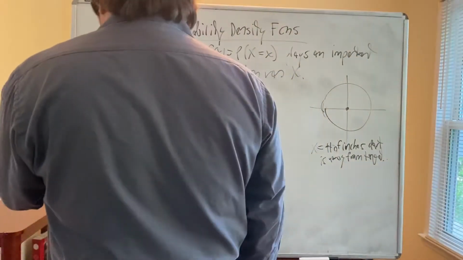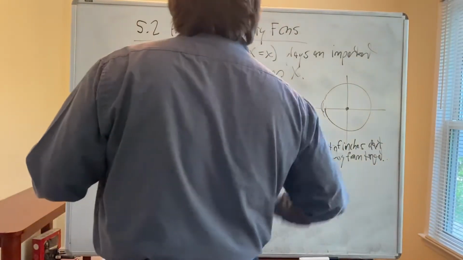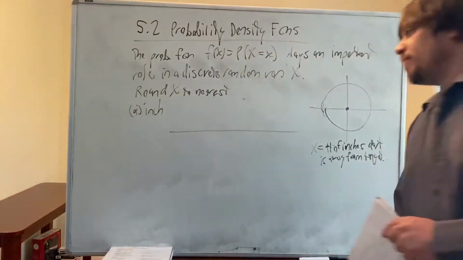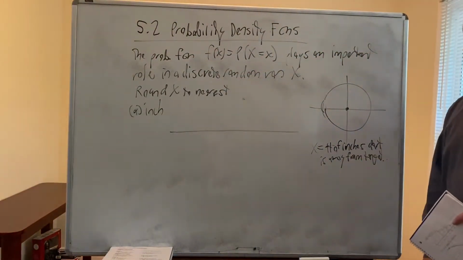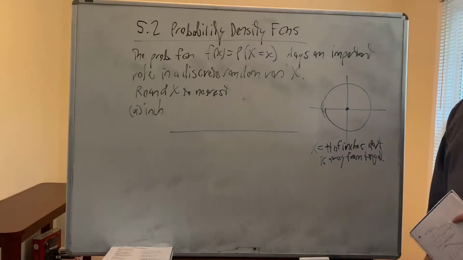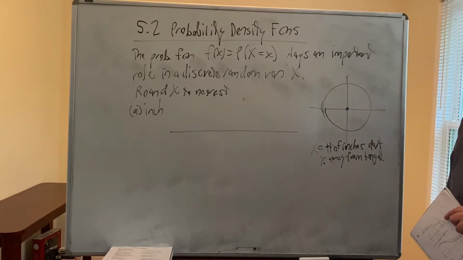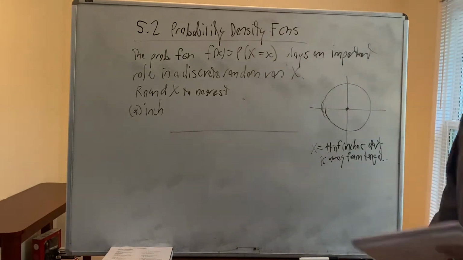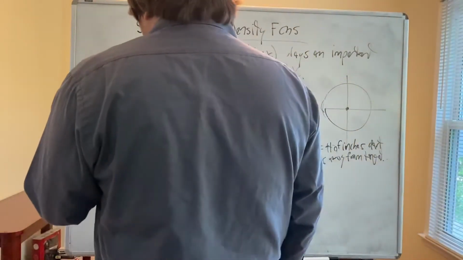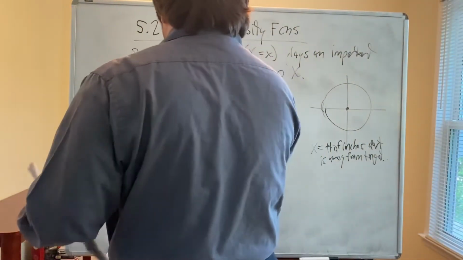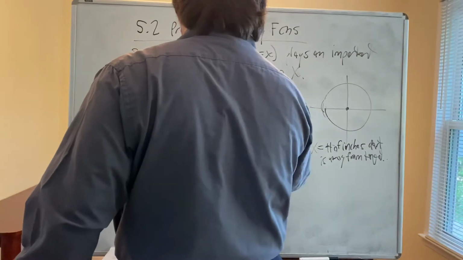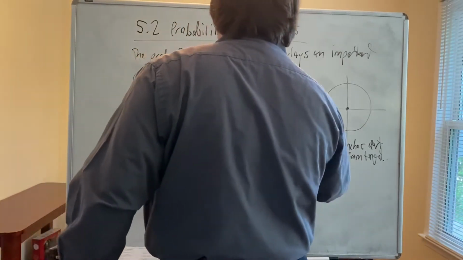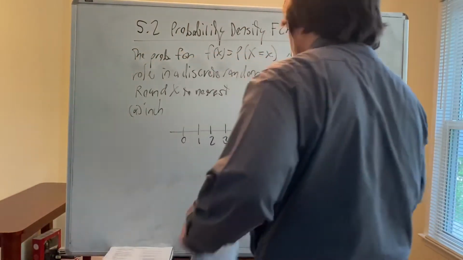That will make it a discrete random variable because it only takes on discrete values, so the sample space is discrete. So 0, 1, 2, 3, 4, 5, 6, dot, dot, dot.